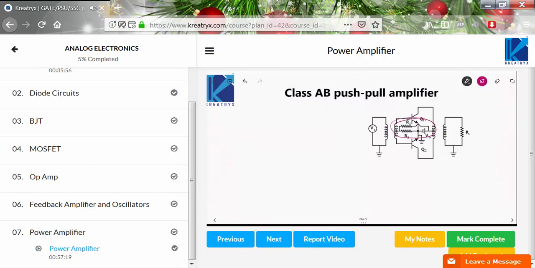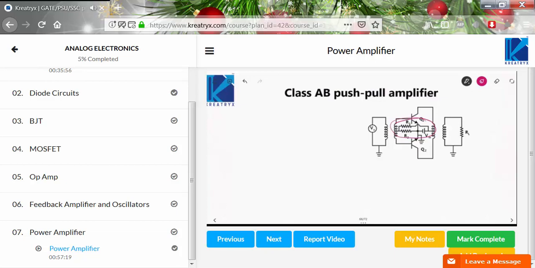With the help of these two resistors, we overcome this drawback. First of all, crossover distortion occurs in class B when one transistor turns off and the other transistor does not turn on immediately, right? Due to this, the output current becomes zero for a short interval, right? That's why we are getting crossover distortion.